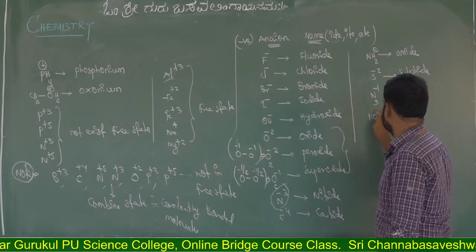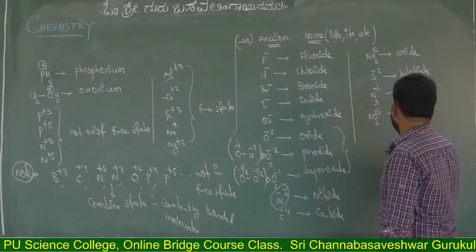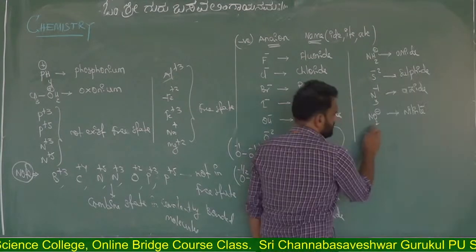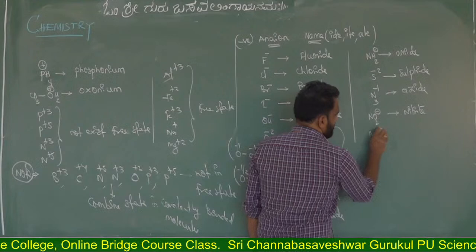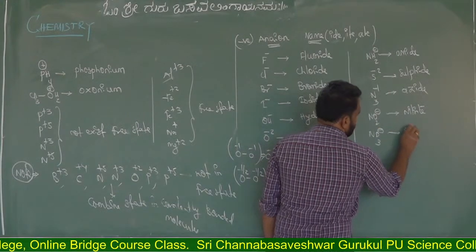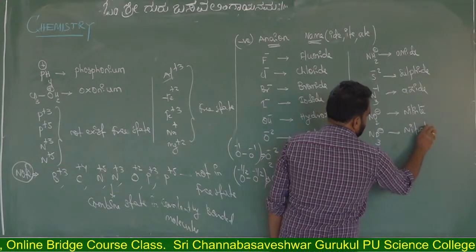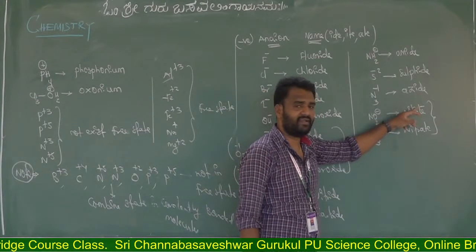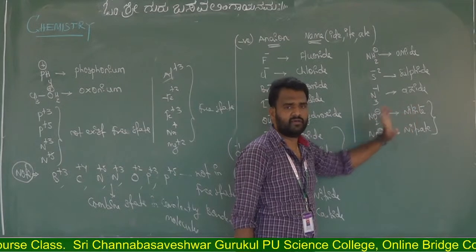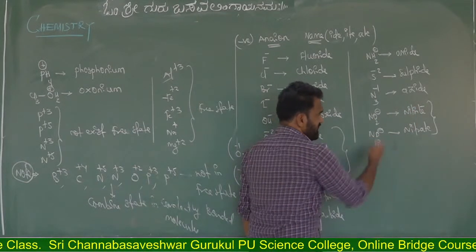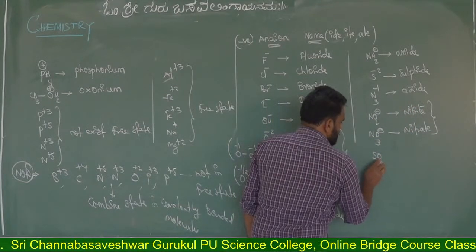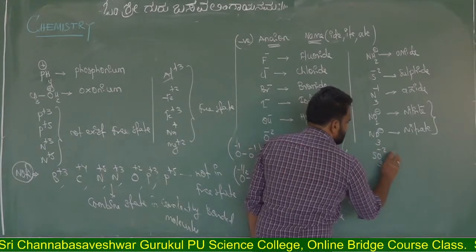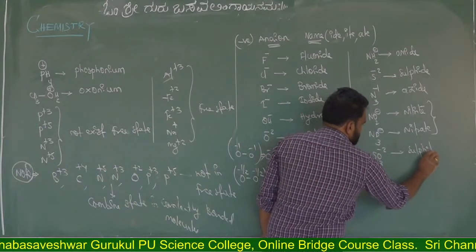NO2 minus means nitrite. Then next NO3 minus, nitrate. Don't confuse here: NO2 minus means nitrite, NO3 minus means nitrate. Then next sulfur, sulfite.